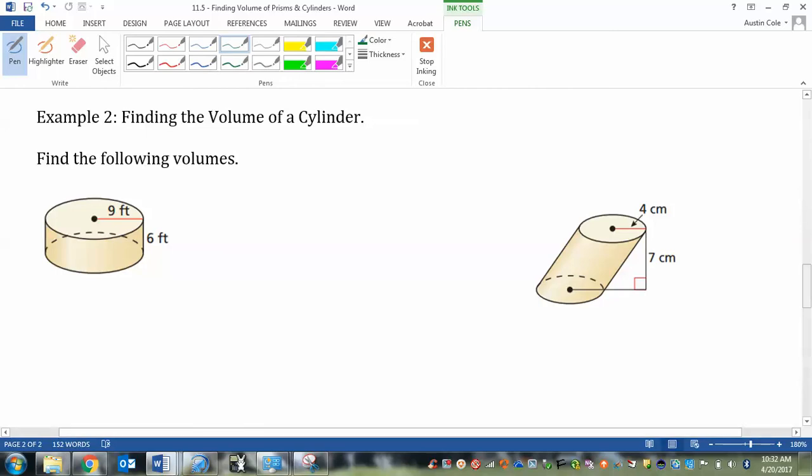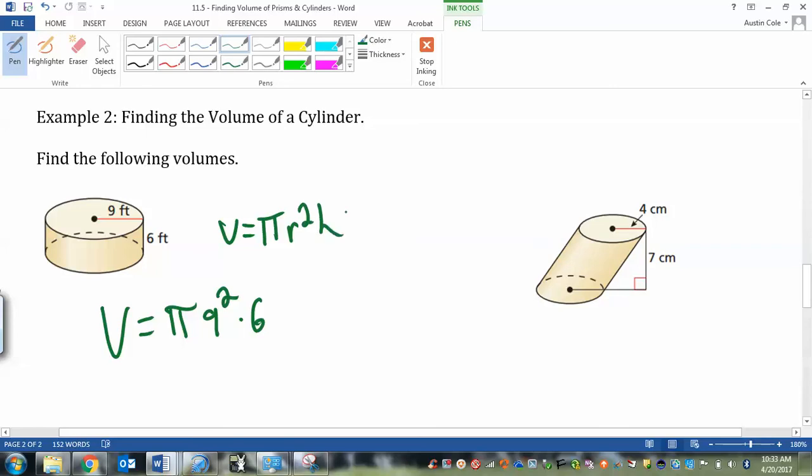What do we have? Do we have h on this first one to the left there? Yeah. Do we have r? Yeah, so we know how to find the volume, right? Volume equals pi times r, which is 9, squared, times the height, which is 6. Okay, what do you guys get when you approximate that?